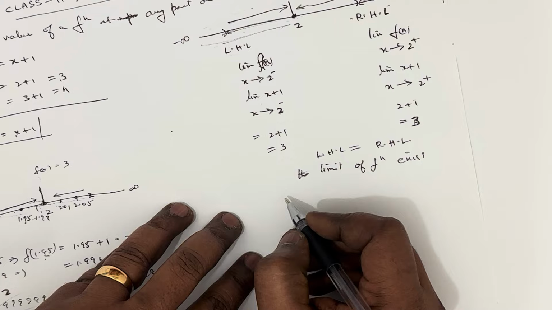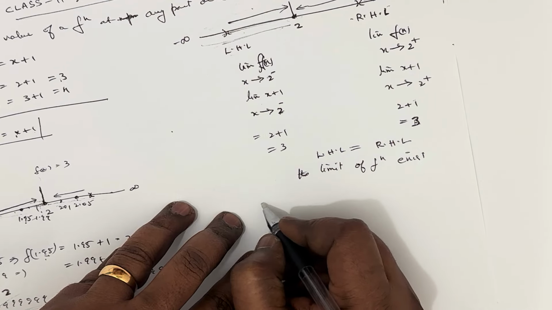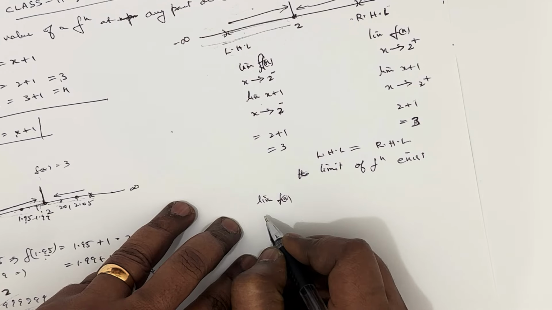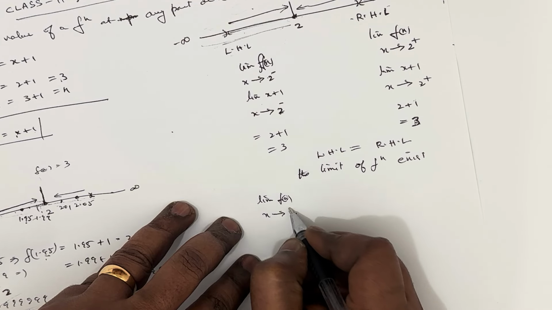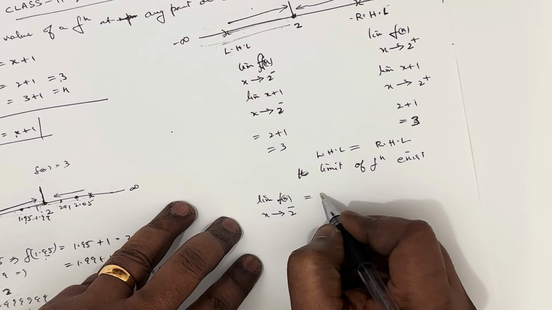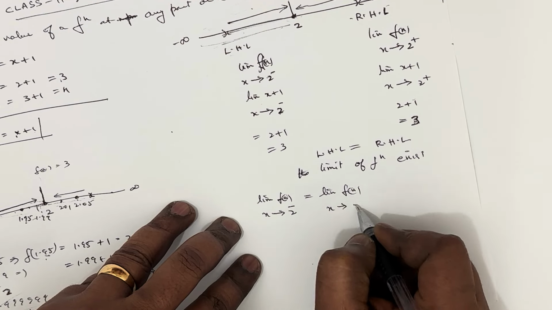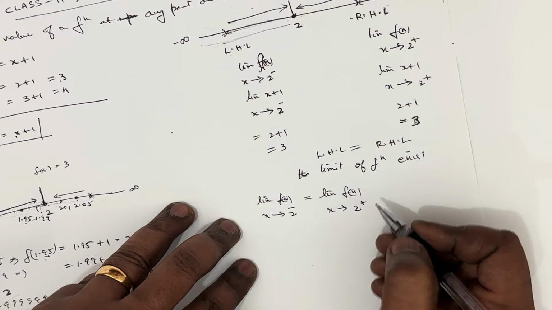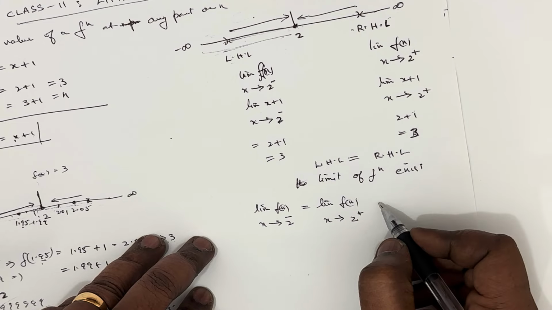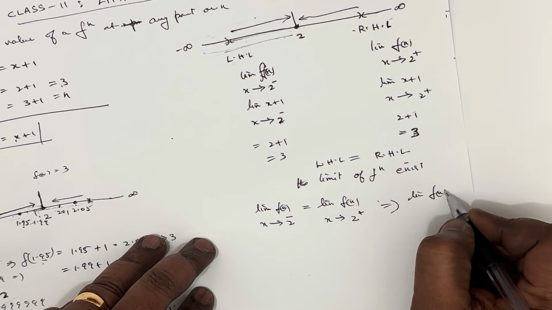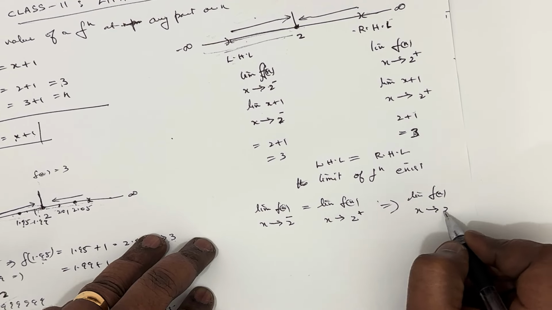So you can write that the limit of the function as x is approaching 2 from the negative side is equal to the limit of the function as x is approaching 2 from the positive side. Then we can write this as the limit of f of x as x is approaching 2.